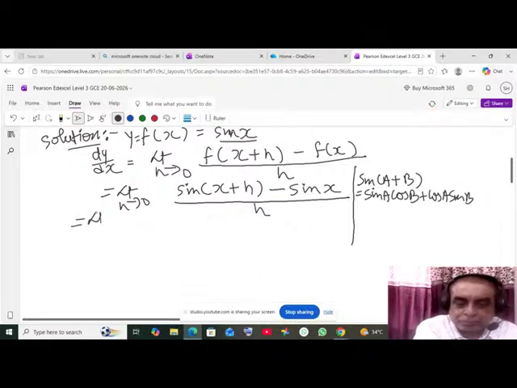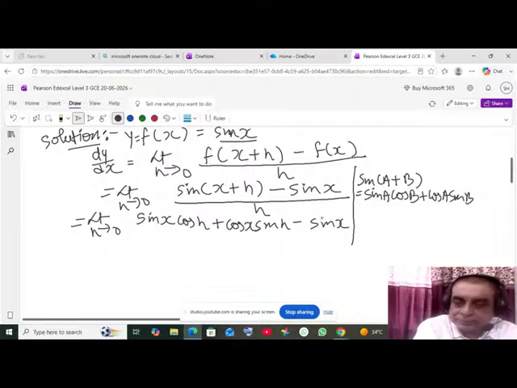So sine of (x plus h) will be sine x times cos h plus cos x times sine h, minus sine x, whole divided by h.